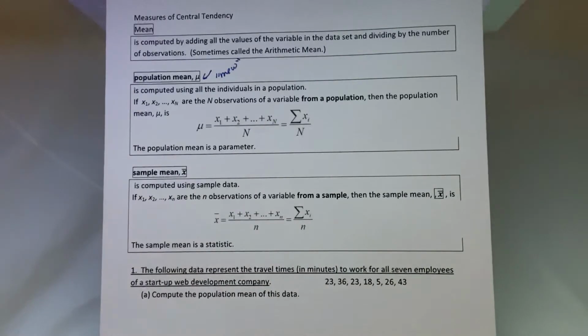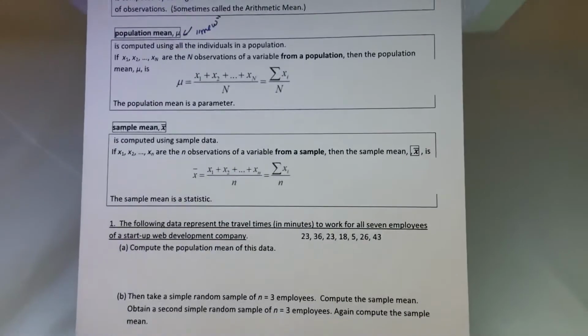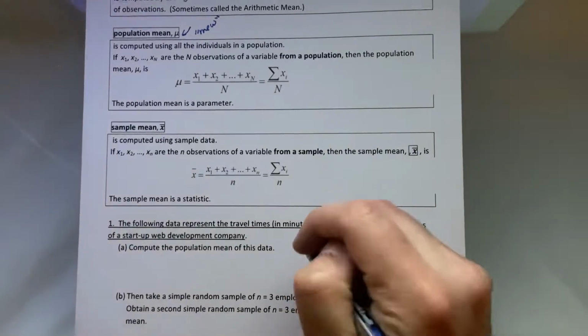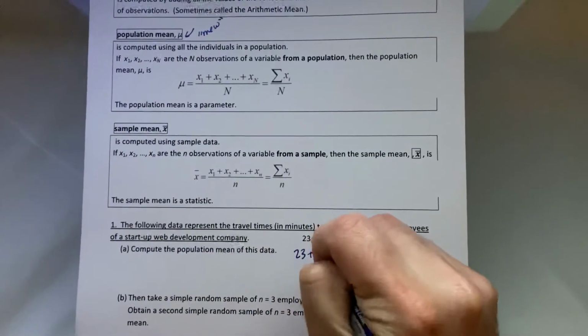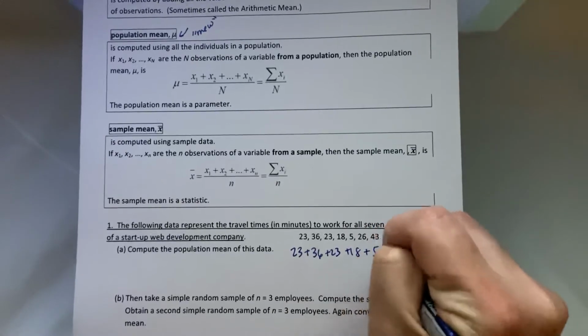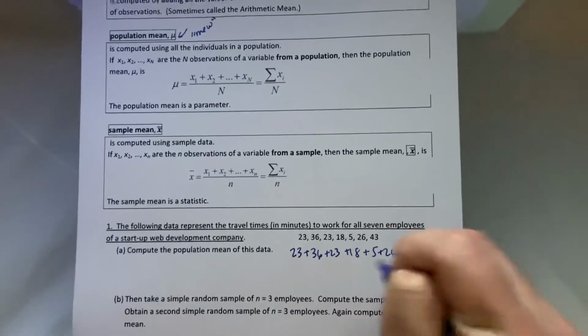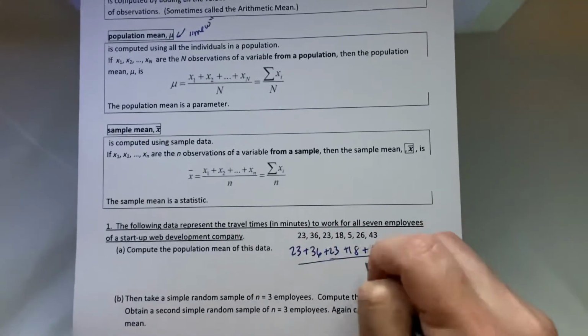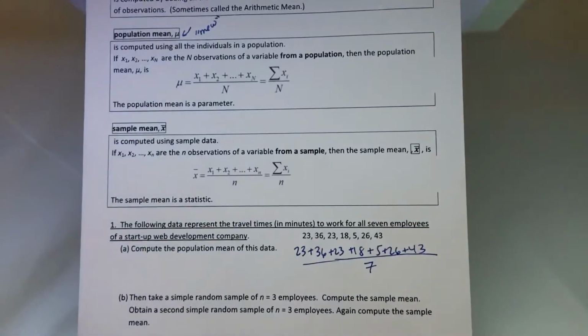So the following data represents the travel time in minutes to work for all 7 employees of a startup web development company. Compute the population mean. So I need to add all of those together. Divide by, looks like there are 7 of them. 100, 131.